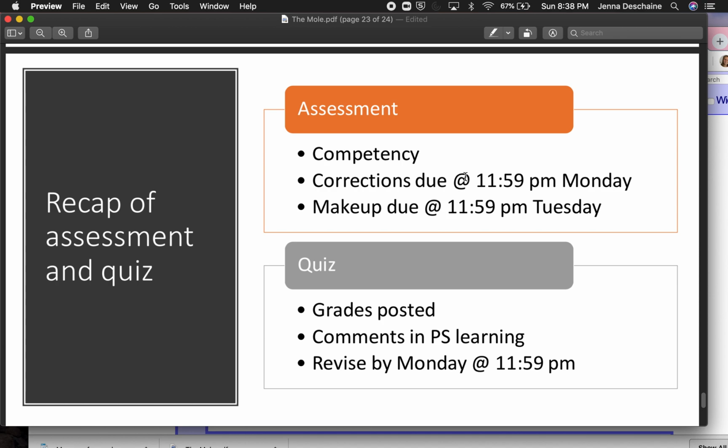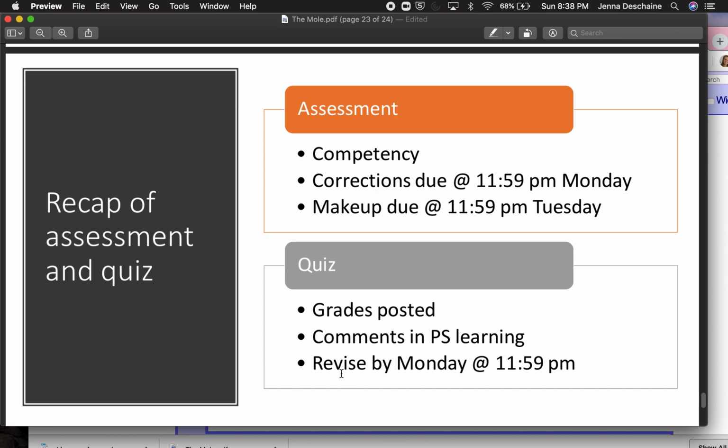All right. Quiz. Some of you have not taken the quiz either, but your grades are posted. And I also made comments in PowerSchool Learning, okay? So there's a little comment box, and that lets you know what you did wrong if you got some points off. And if you would like to revise it, you can absolutely do that. But I need it revised and handed in by tonight at 11:59 p.m., okay?